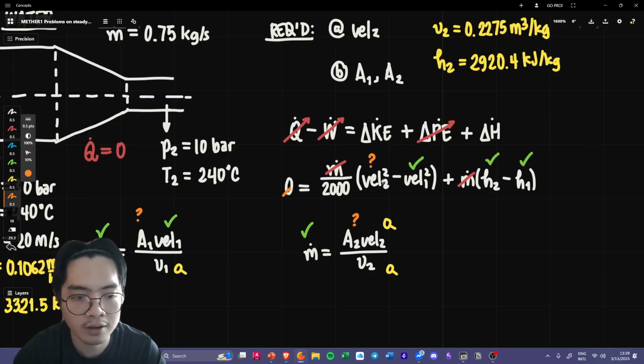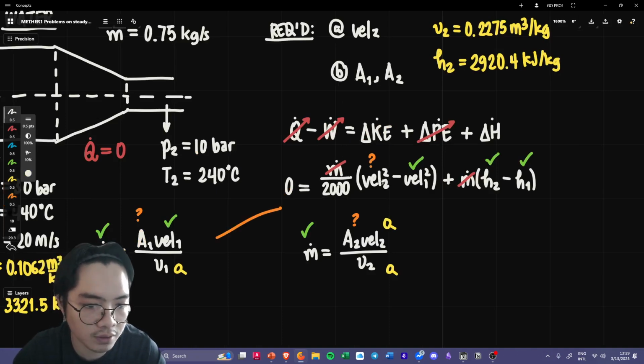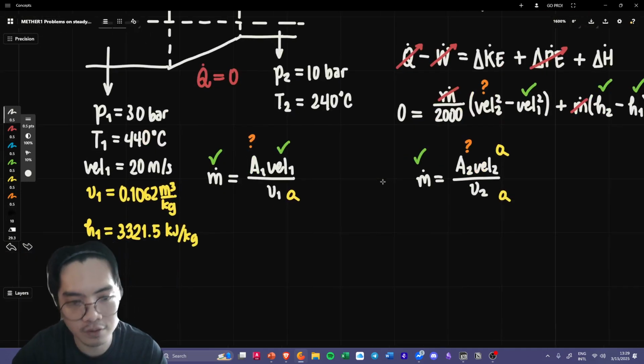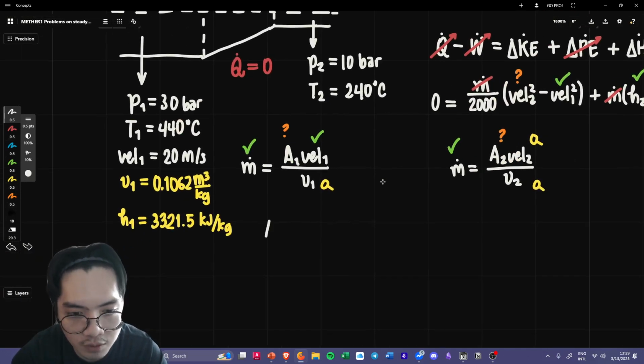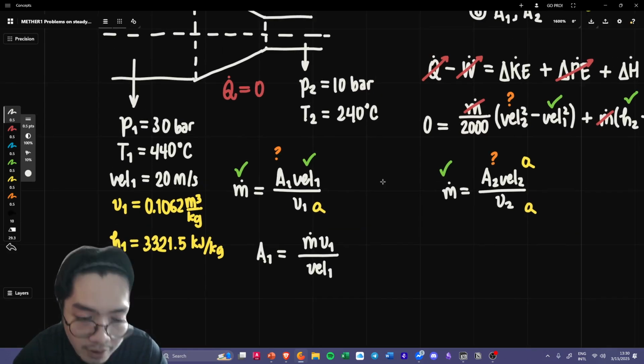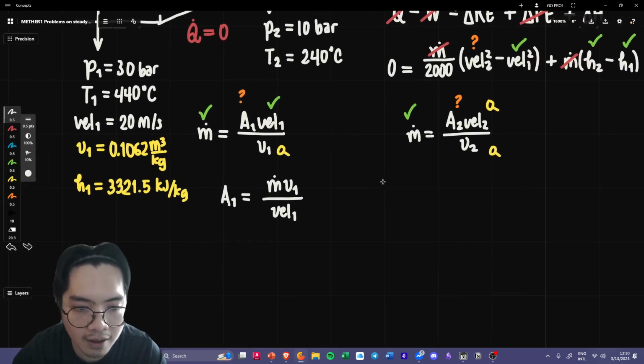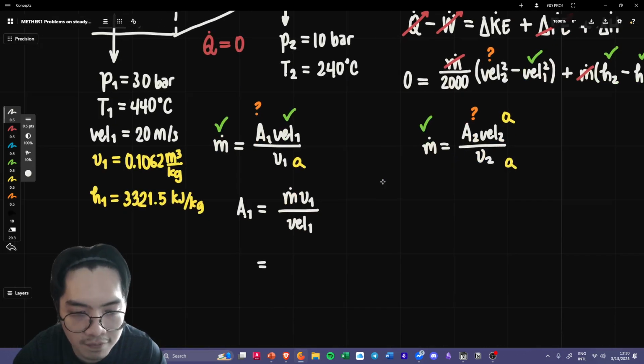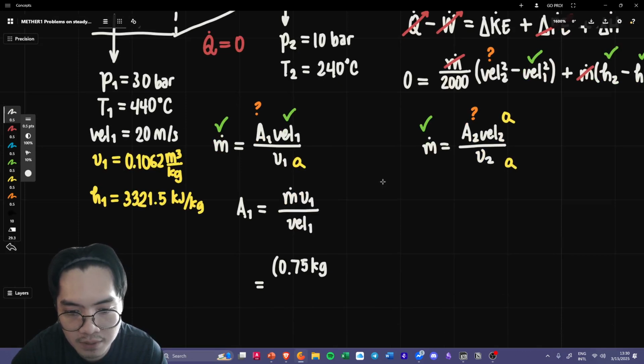Let's just try and solve this first. This A1 first, right? Let's just move things around. You will see that A1 will be m dot V1 all over VEL1, right? Hopefully that is clear. You put this up, you put this down, and therefore you will have a value of, what is your m dot again? 0.75 kilograms per second.